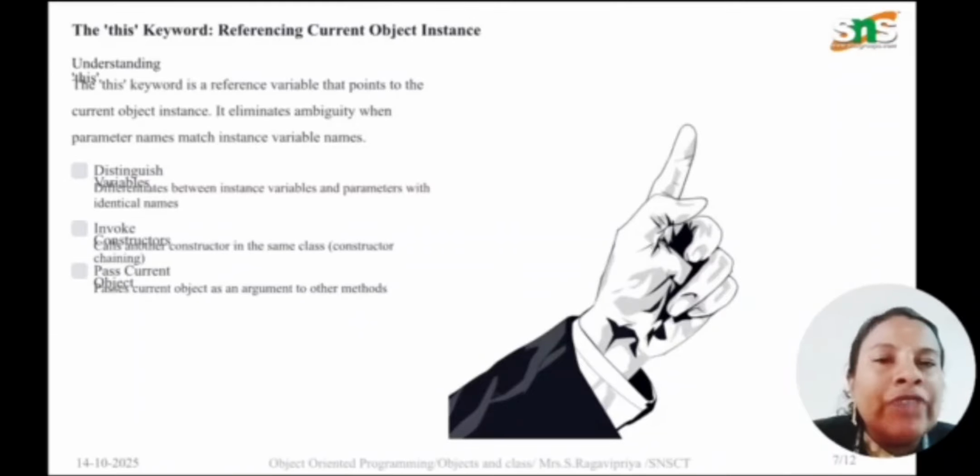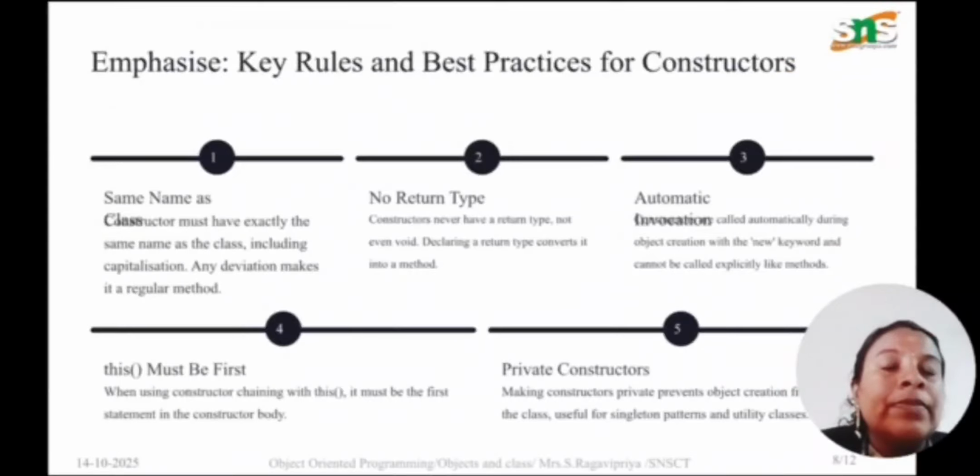It distinguishes between instance variables and parameters with identical names. It can invoke a constructor, calling another constructor in the same class, which is constructor chaining. It can also pass the current object as an argument to other methods.